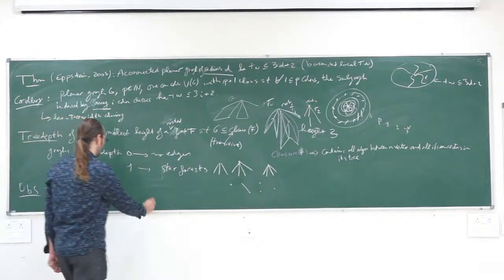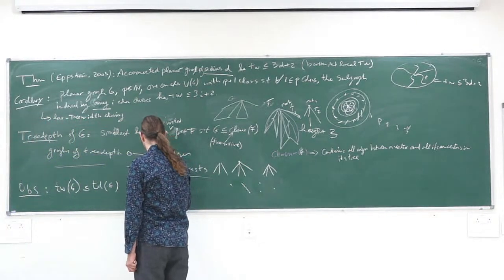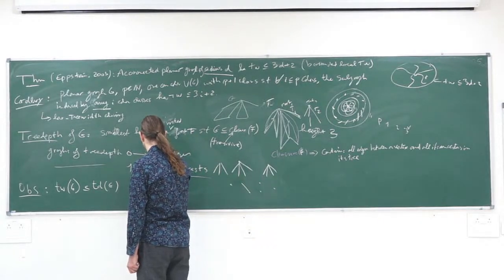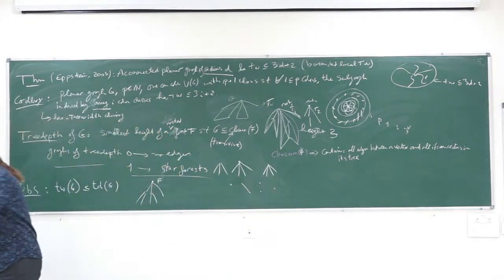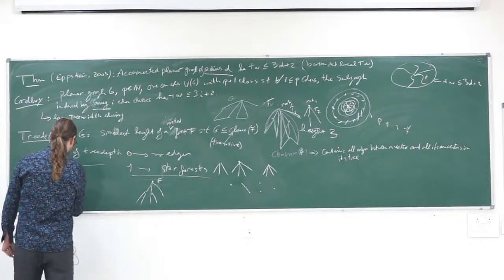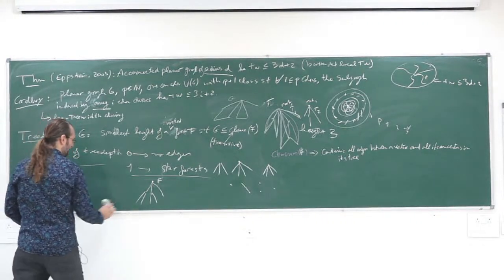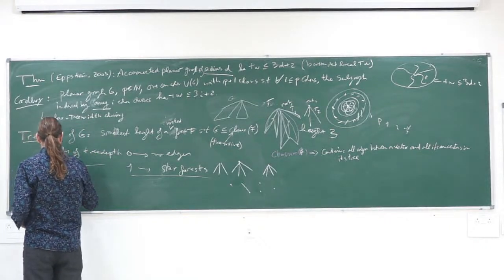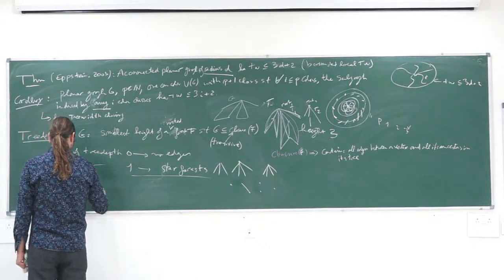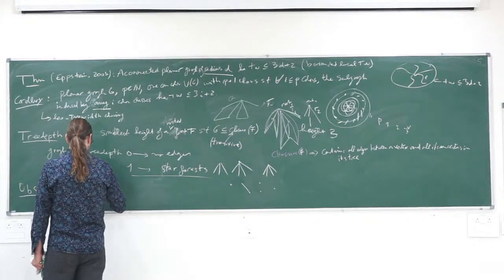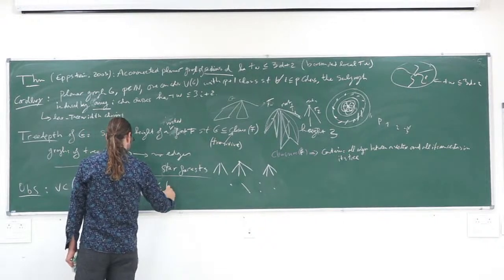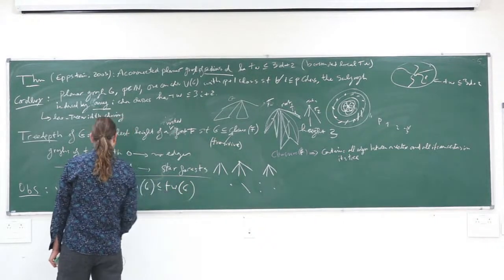Well, if you take your closure here, your forest. In fact, even better, let me give you a whole chain of things: vertex cover number of G, tree depth of G, pathwidth of G, treewidth of G. I believe this is true.